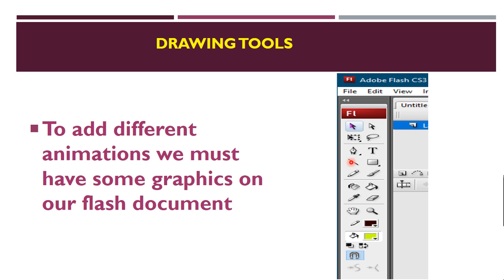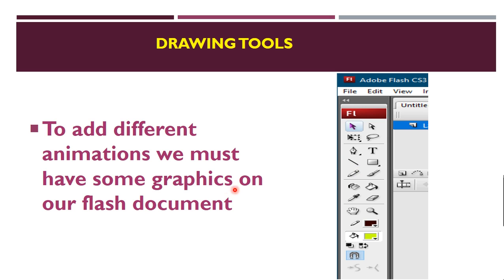At the end of the last chapter we were discussing the different selection tools, and in this chapter the new thing is the drawing tools. These are used to add different animations, and for animations we must have some graphics on our Flash document, right?